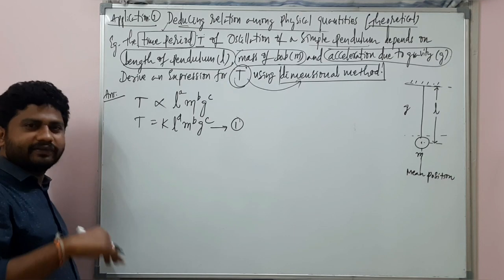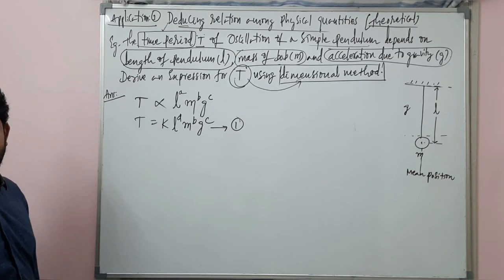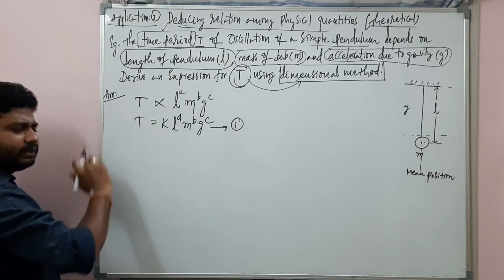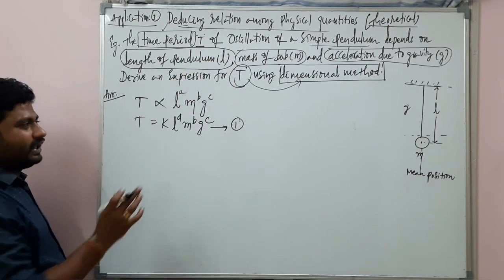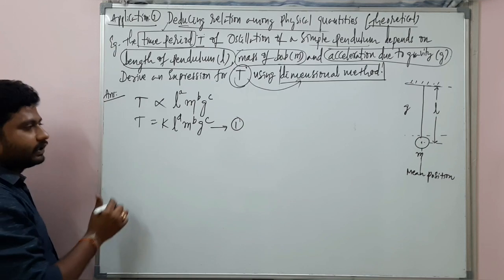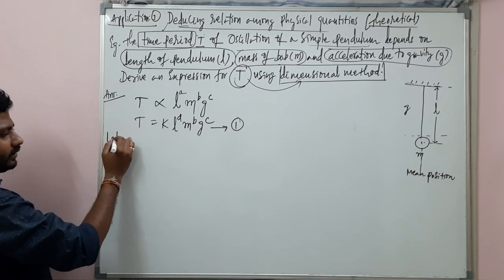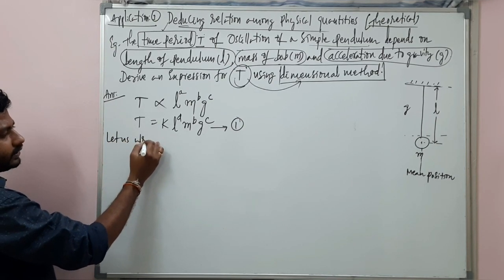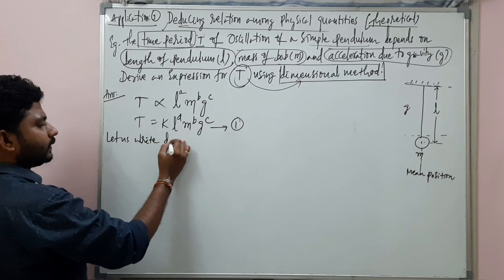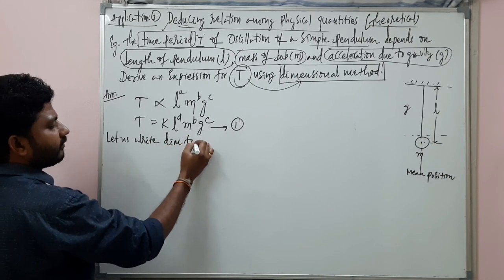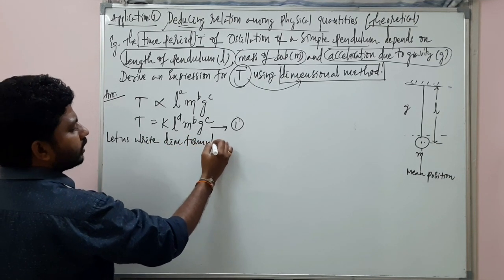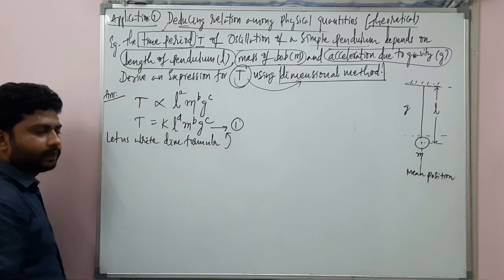Carefully see. The procedure will be the same for every question based on application number 3. Let's write the dimensions of them. Let us write the dimensional formula for this equation.